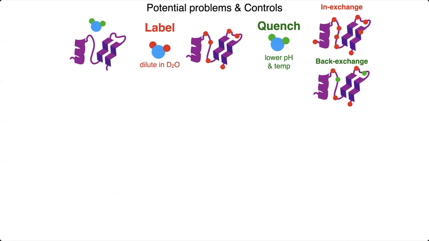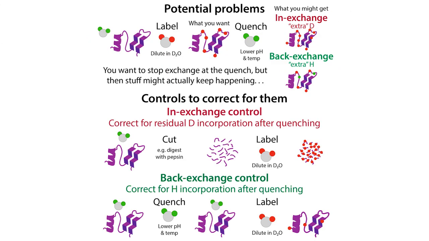This is actually why you can't detect those hydrogens on various side chain groups, on your oxygens, your carboxylic acids, your primary amines, because they exchange back to water too quickly for you to detect. But we really don't want this back exchange happening in the places where we would expect the deuterium to stick around, in those backbones.